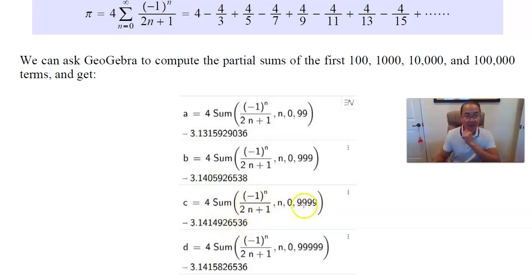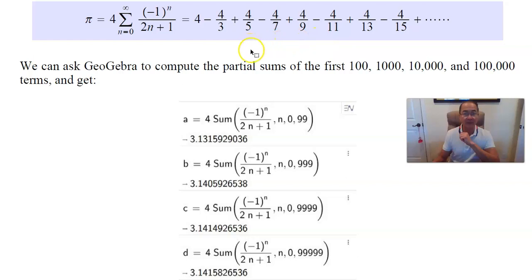So 10,000 terms, that should be a 159. Oh, finally it's 15, but that's an 8. So yes, this is a gorgeous formula, but unfortunately it doesn't converge very quickly. You definitely don't want to do this by hand, right?